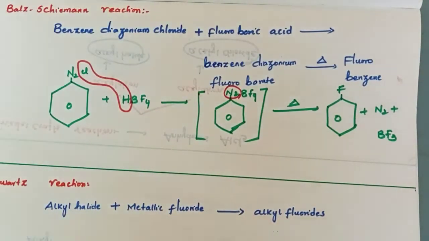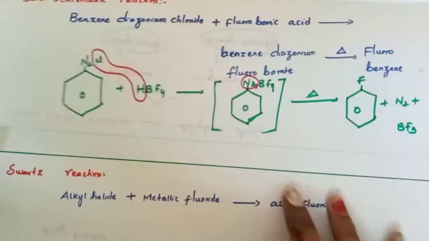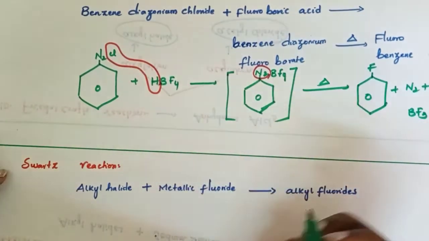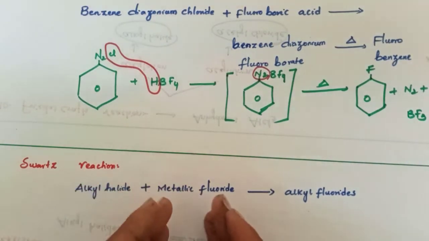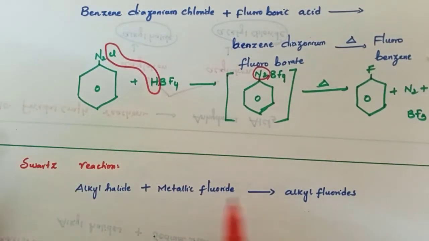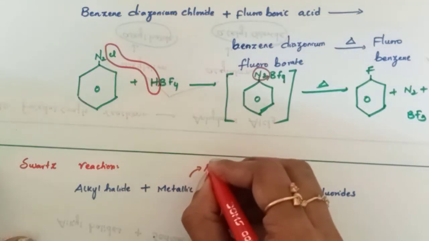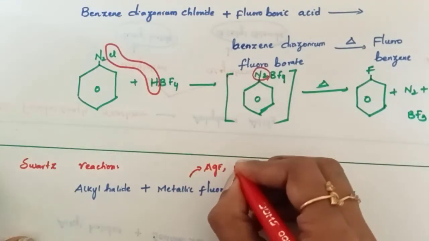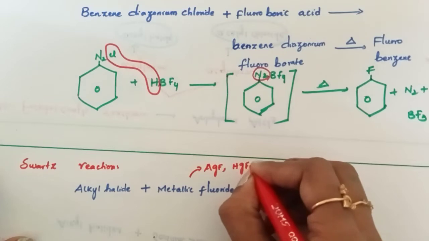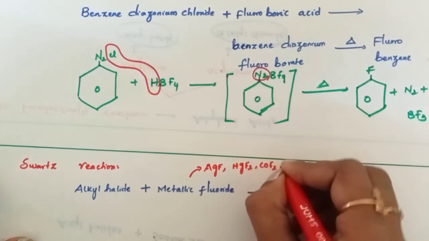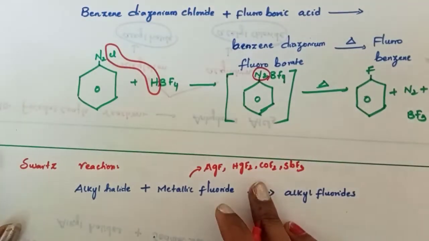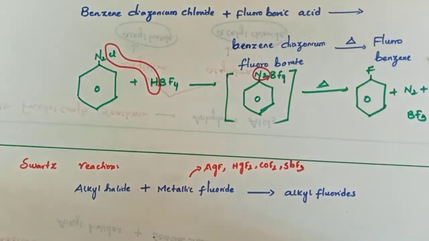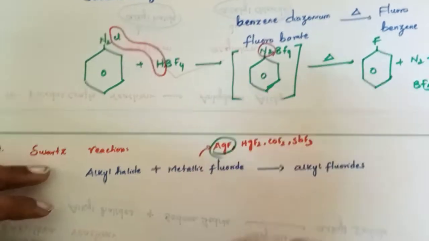The next reaction, Swarts reaction. In case of Swarts reaction, alkyl halide which on reaction with metal fluoride. So metal fluorides like silver fluoride, mercurous fluoride, cobalt fluoride, antimony fluoride, which give the alkyl fluorides, especially AgF.